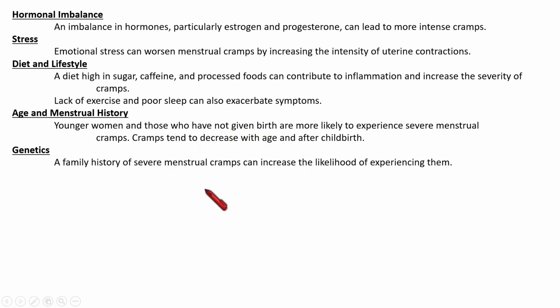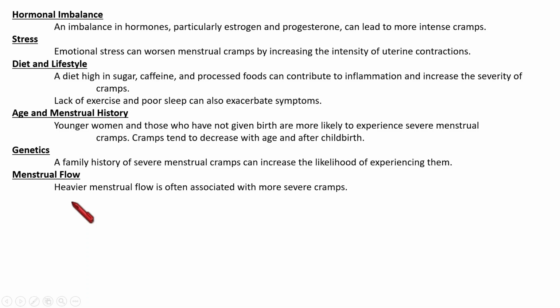Genetics. If a girl's mother has a history of severe menstrual cramps, then there is a likelihood for her daughter also to experience the same thing when she attains puberty and has periods. So genetics also has a role.